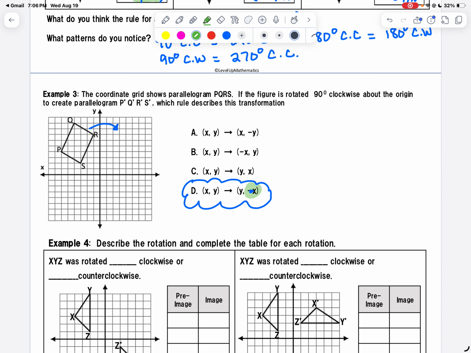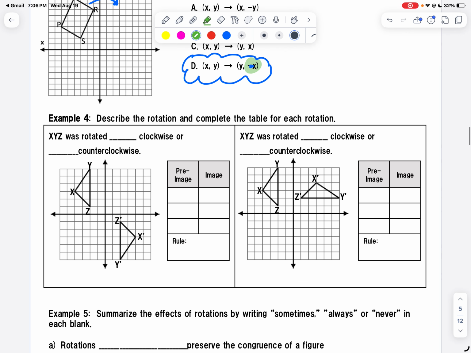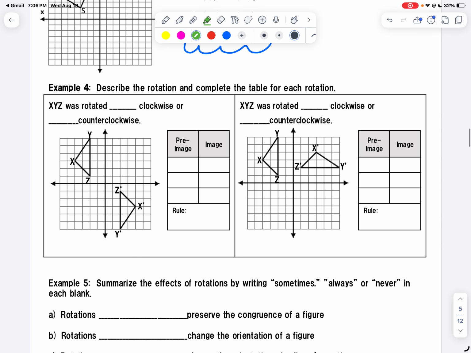All right. Example 4. Describe the rotation and complete the table for each rotation. So in our first example, XYZ was rotated how many degrees clockwise? So clockwise is to the right. So let's see. That would be 1, 2 quadrants.